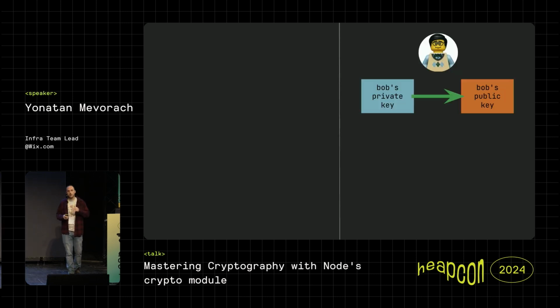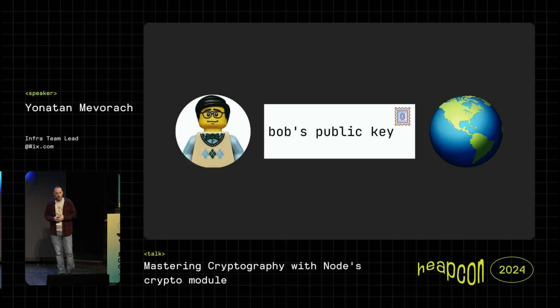So let's see how this completely avoids the key distribution or the key exchange by the fact that you use different keys for encryption and decryption, and this is why we call this asymmetric encryption. So Bob now has 2 keys, a private key and a public key. As the name suggests, he keeps the private key private and the public key is made available to anyone.